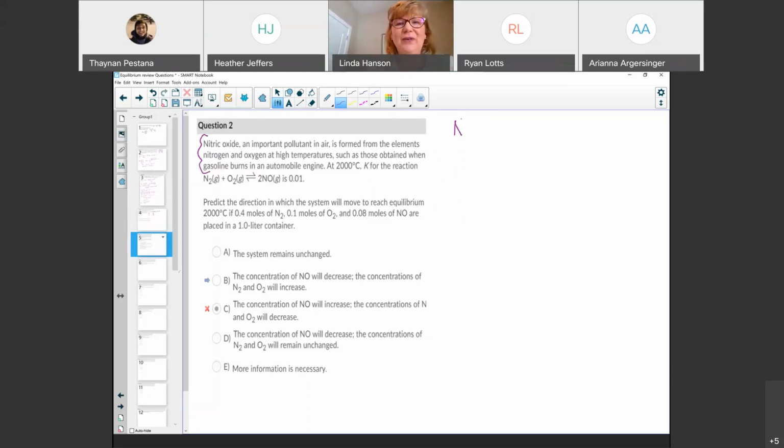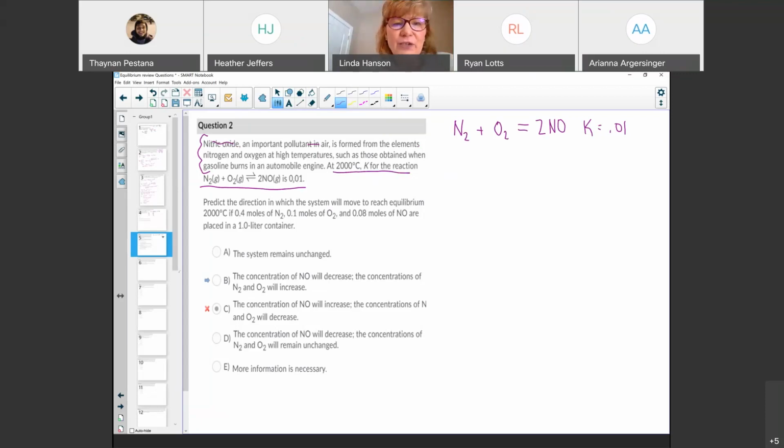So I'm going to just write with you N2 plus O2 is in dynamic equilibrium with 2 NO. And the equilibrium constant is given to me as 0.01. So again, part of being a good quiz taker is to skim through that information that's nice to know and get to the reaction, right? So my eyes kind of went through this rather fast, and right here, this looked important.